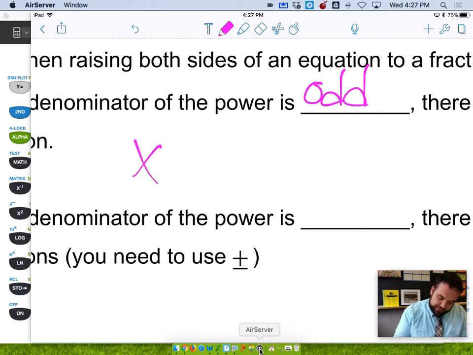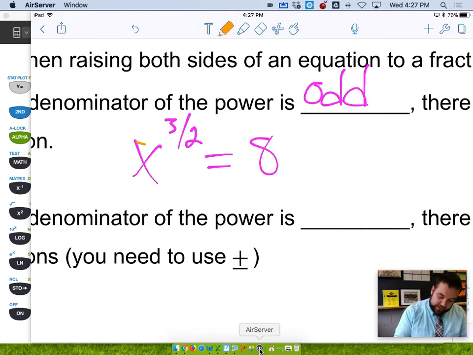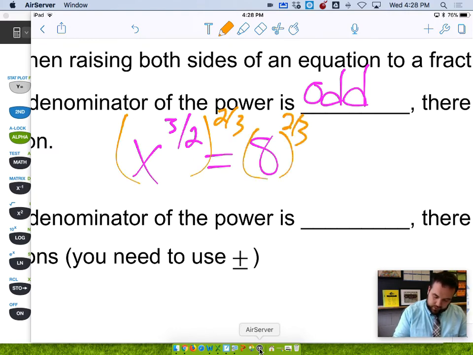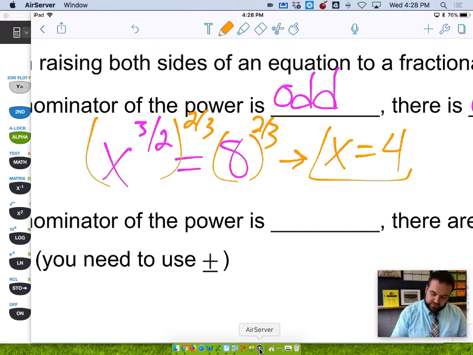If I have x to the 3/2 is equal to 8, in order to solve this, I need to raise both sides to the 2/3 power. Because I'm raising to the 2/3 and the denominator is 3, which is odd, I do not have to worry about plus and minus. So I type this in the calculator and I should get x equals 4. That is my only solution there.